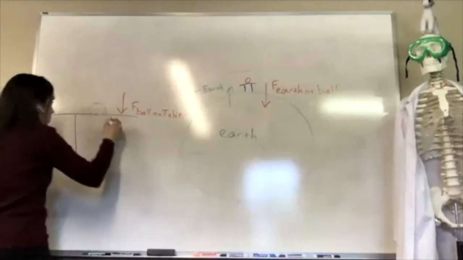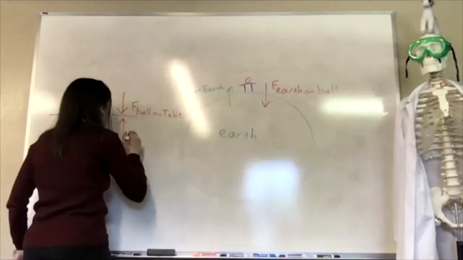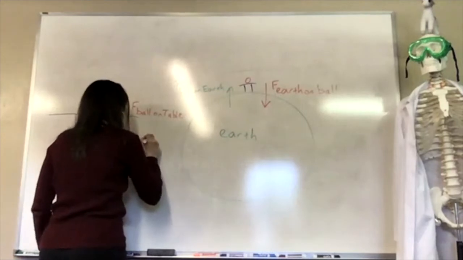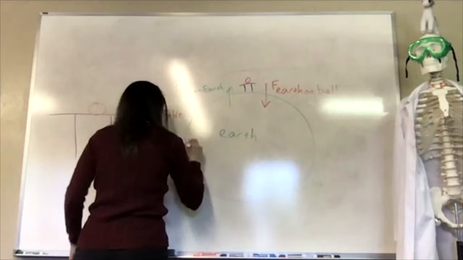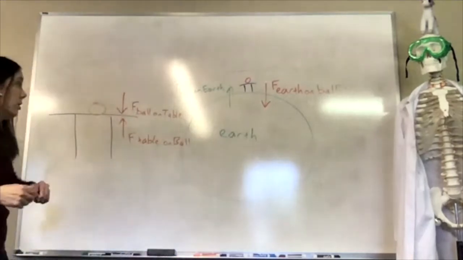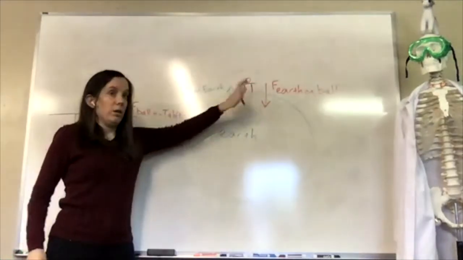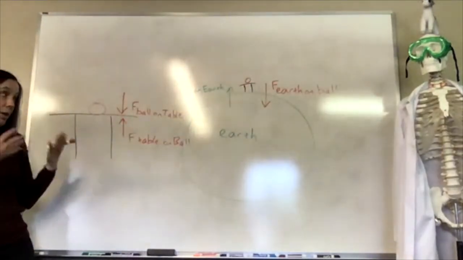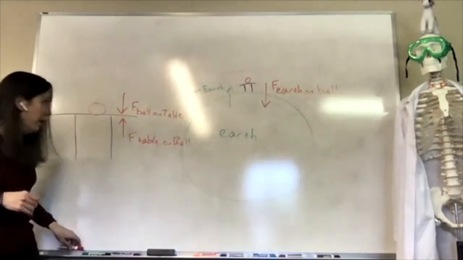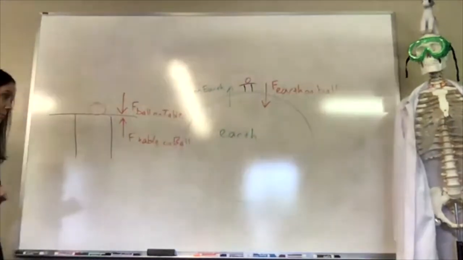So we have an upward force the table exerts on the ball, force of table on ball. So that would also be an action-reaction pair we could talk about right here. So we have more than one. And usually there are many we can think about, but those are the two main ones to consider in this example.